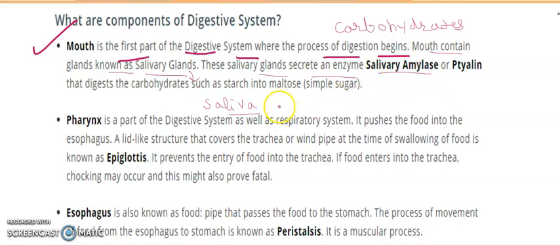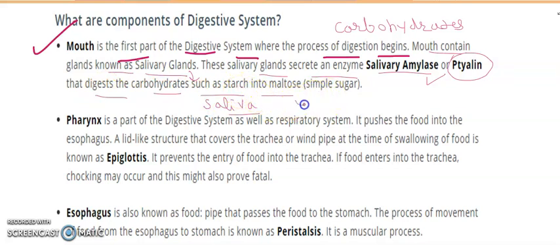Now in our saliva, which enzyme is present? Salivary amylase. What is the other name of salivary amylase? Its other name is ptyalin enzyme, that digests carbohydrates such as starch into maltose.